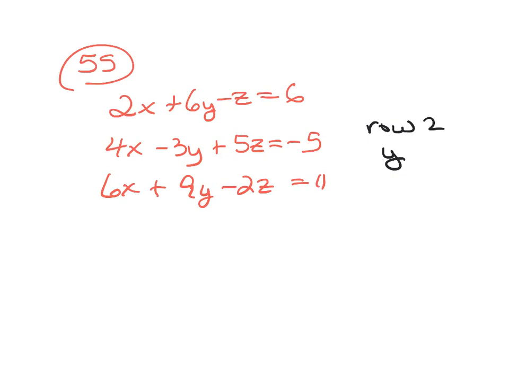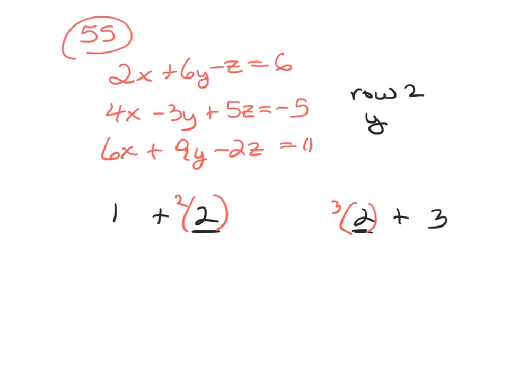So when I do this, I have to add 1 plus 2, and then 2 plus 3. Whatever the pivot row is, you've got to add that to the other two. Now, to eliminate y, I need to multiply my pivot row by a 2. And then for here, to eliminate, I'm going to multiply my pivot row by 3. So let's go ahead and try this.